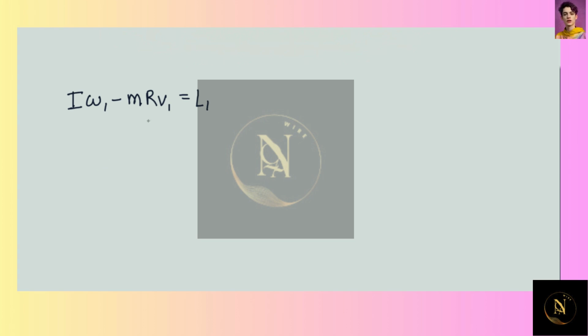For the final, the runner comes to rest. So the total angular momentum is omega 2 times (I plus m r squared), where this is the total moment of inertia of the runner and the turntable. So that's L2.